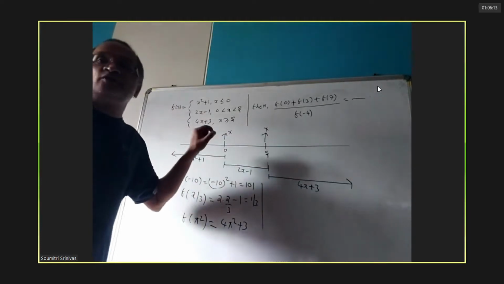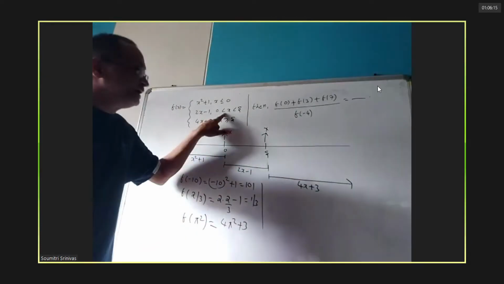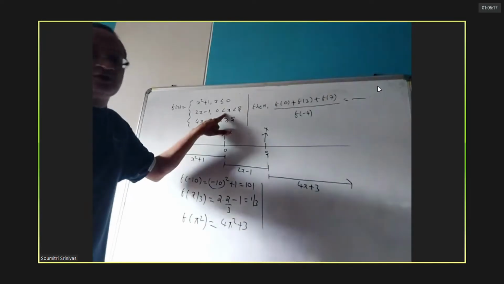Why is 0 not included? Because it is an open interval there. 0 is not included in the second; 0 is included in the first.